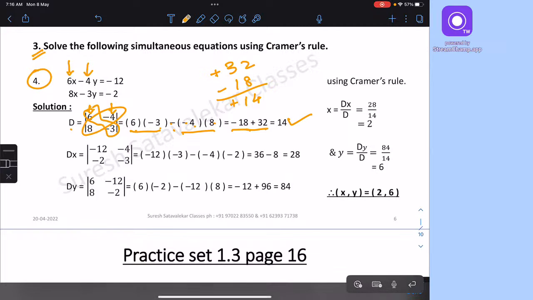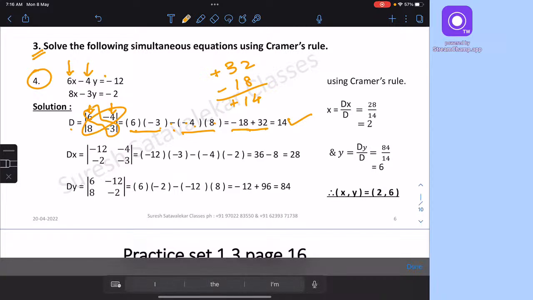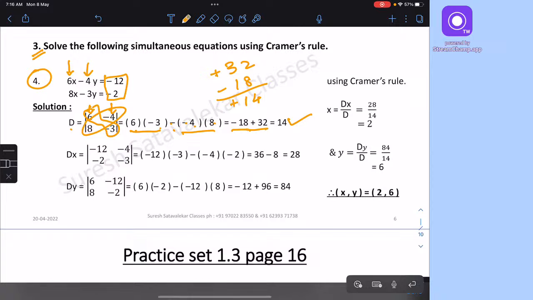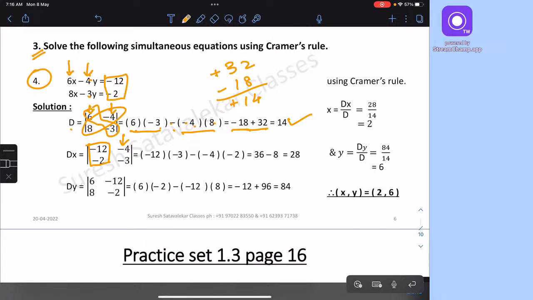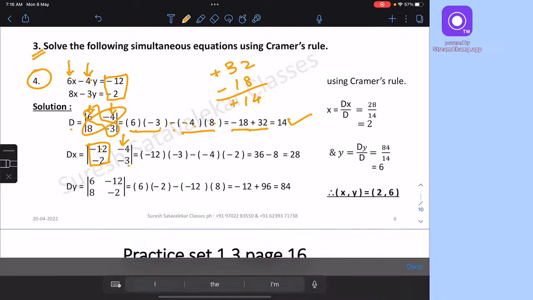To get dx, instead of the coefficient of x, we are having right hand side as the first column, minus 12, 2 here. And coefficients of y are retained, minus 4 and minus 3. So here, minus 12 into minus 3 is first, then subtract the product of minus 4 and 2.